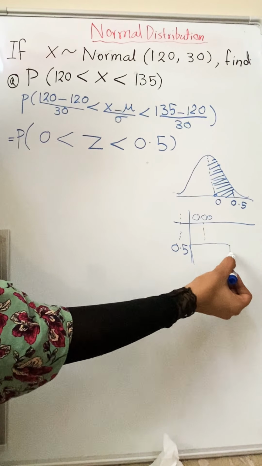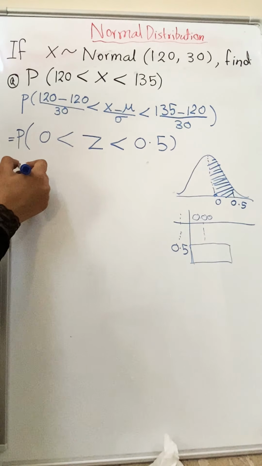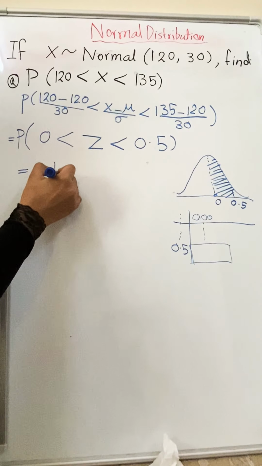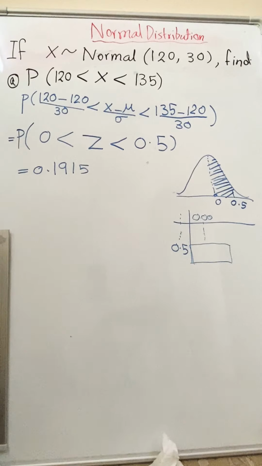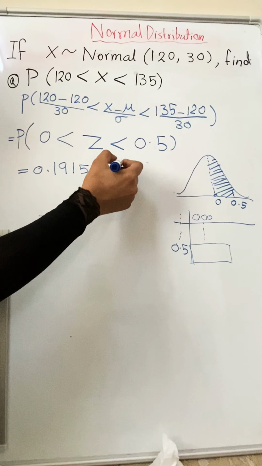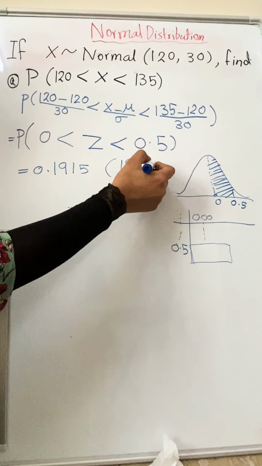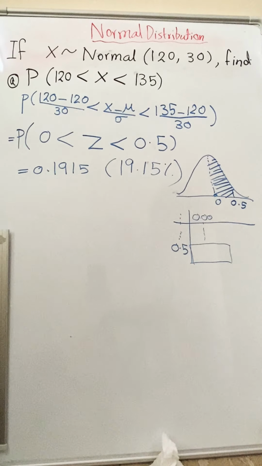You just see the answer is 0.1915. If you are asked to find the solution in percentage, you just multiply this by 100, so you get 19.15% if you're asked. Okay, this is the first question.